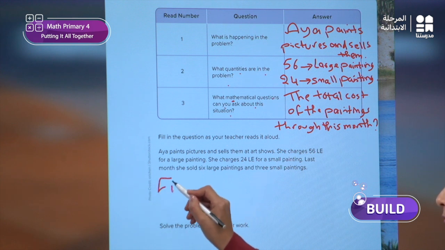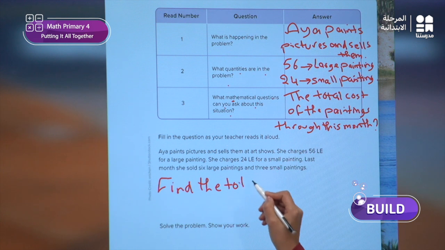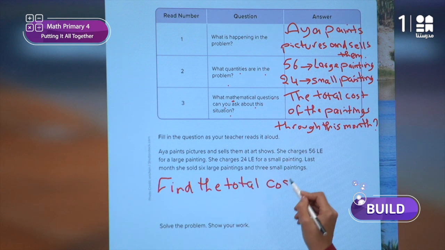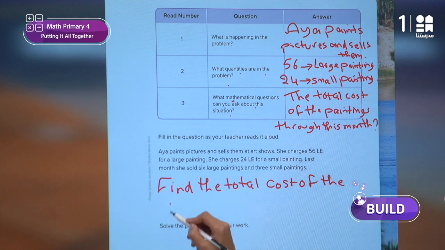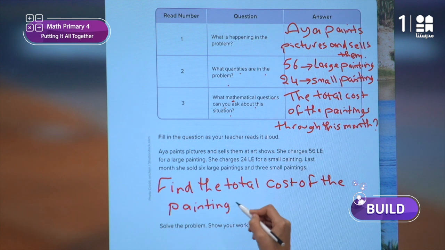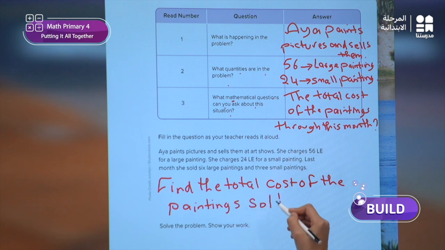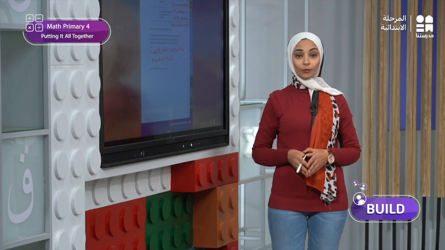I see that it is the most suitable question to ask in this problem.